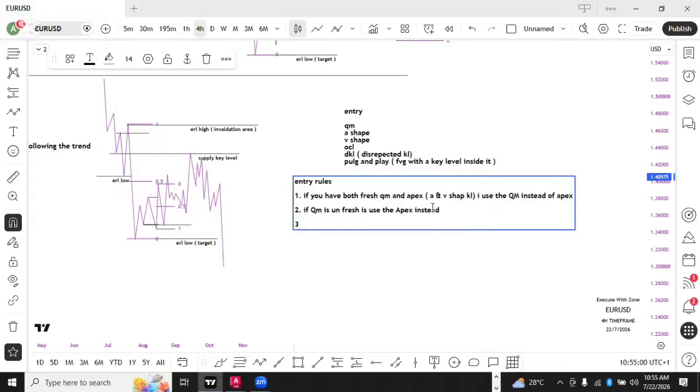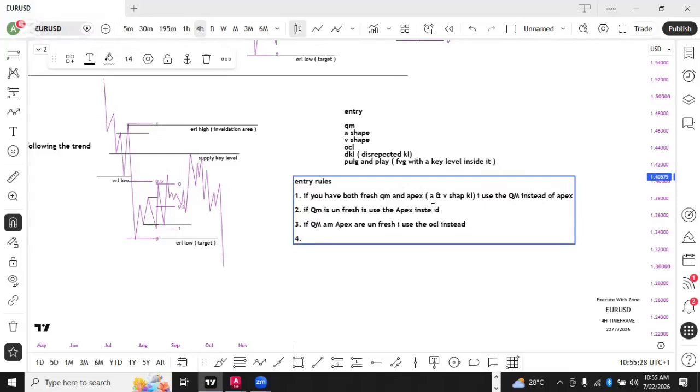Three is, if QM and apex are unfresh, I use the OCL instead.